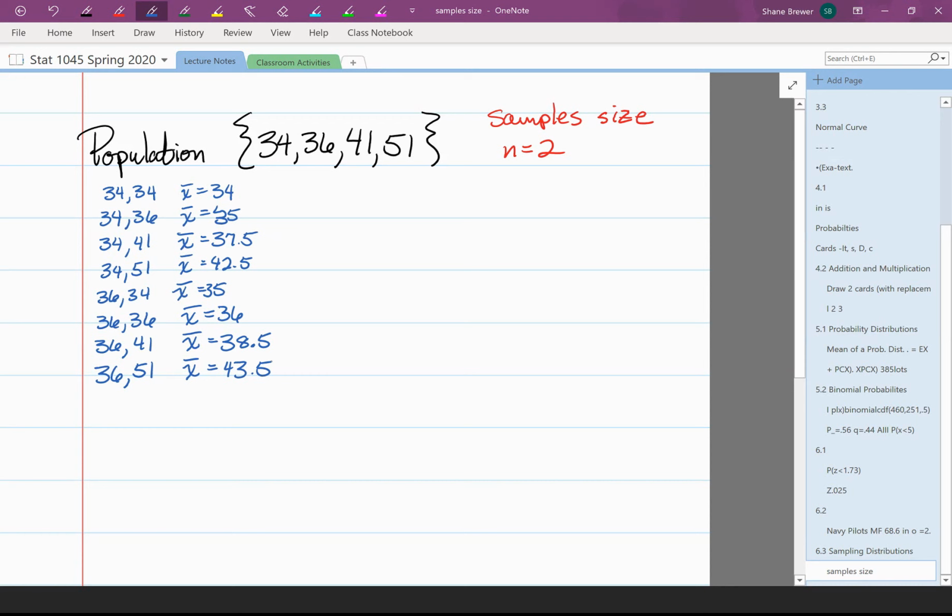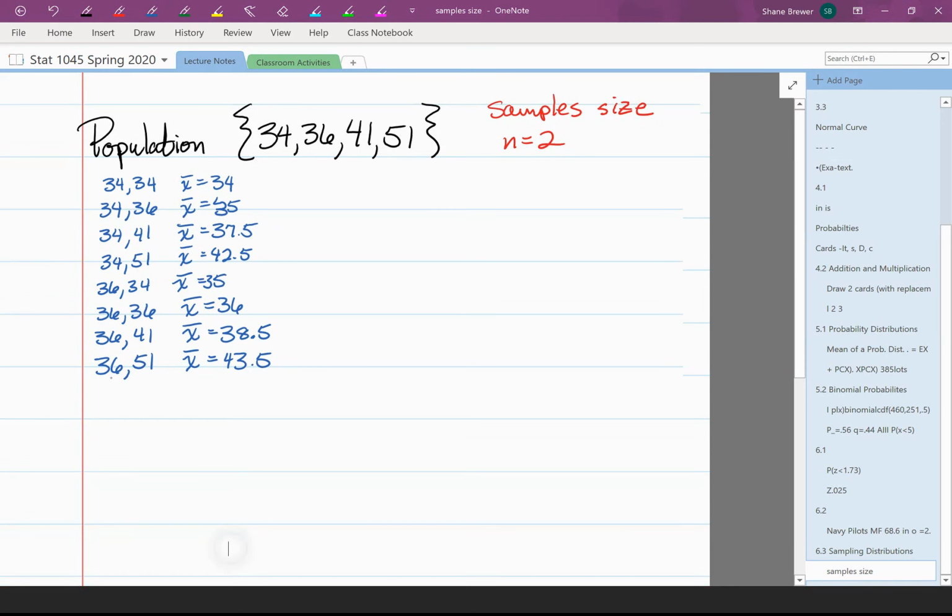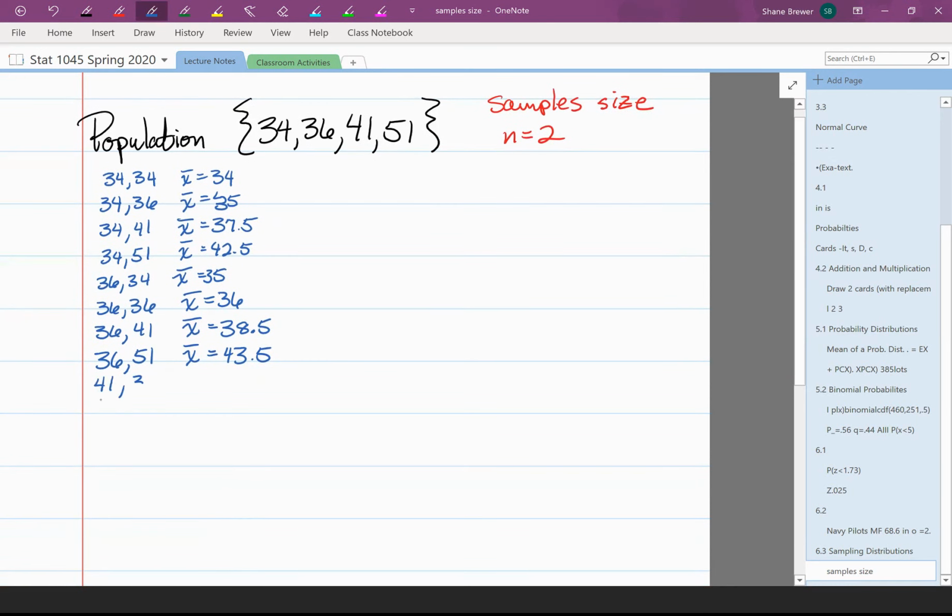All right, and we keep going. 41, 34, 41, 36, 41, 41, 41, 51, and then we go 51, 34, 51, 36, 51, 41, 51, 51. So we need the mean from each of these.